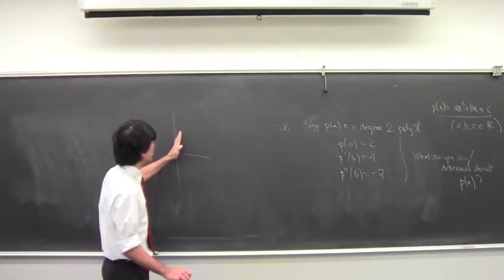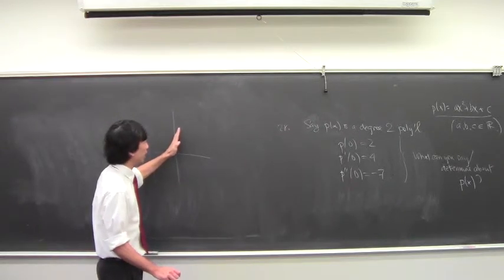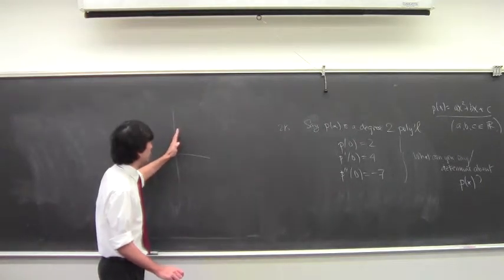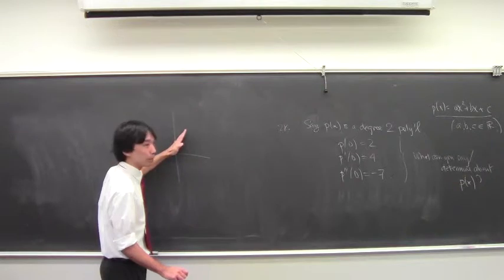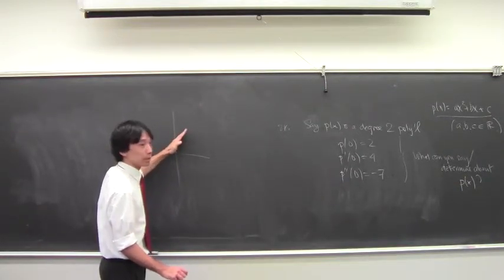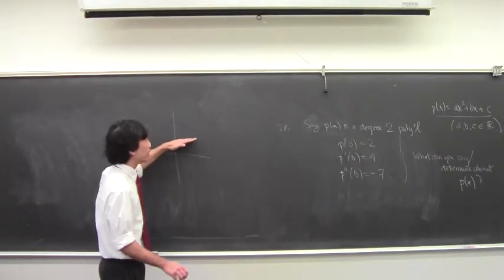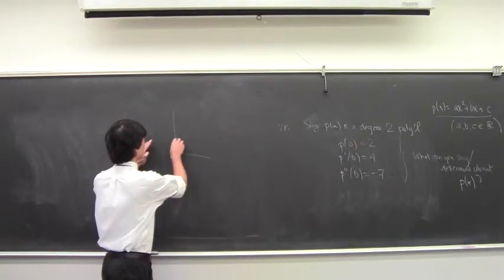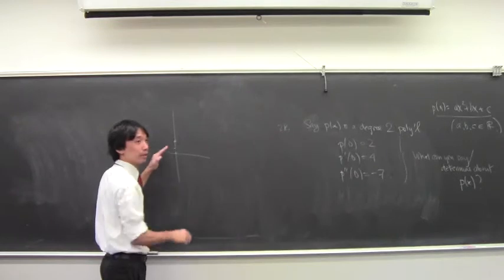The first derivative there is 4, and the second derivative is -7. So the first derivative is decreasing, so the slopes afterwards are going to be decreasing, so it's going to be curving like that.